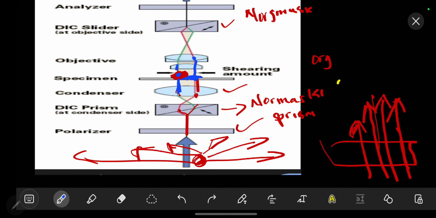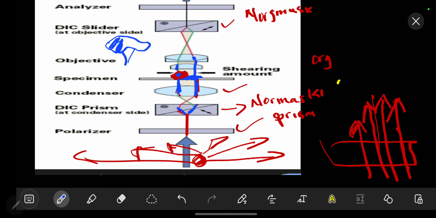When it is focused at that point, the Nomarski prism now recombines the light. Remember, these two rays were moving through different parts of the specimen. The other thing that is very important for you to know is that the light that was divided here was just sheared, meaning the distance at which it was divided was very small, just a small distance, so that the light rays pass through the specimen at different points.